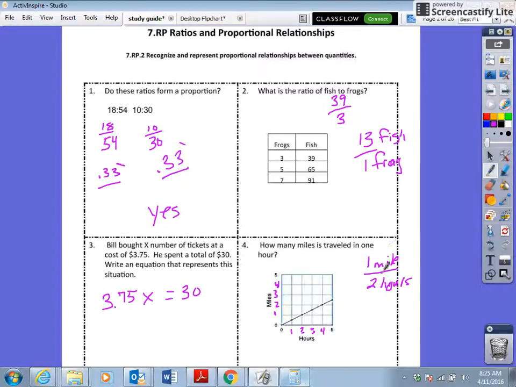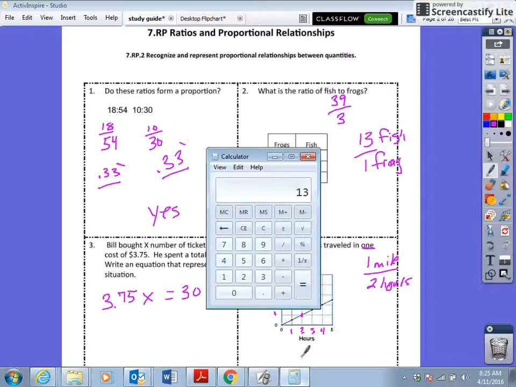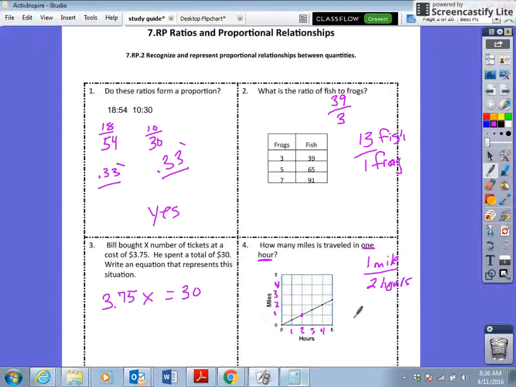This proportion, 1 mile in 2 hours, because here's the little point. I went 1 mile in 2 hours, but I want to know how many in 1 hour. So we're just going to do that unit rate one more time. I know that a lot of you, again, did this in your head, but 1 divided by 2 equals 0.5. So we have 0.5 miles, that's half a mile, in 1 hour. Half a mile an hour.